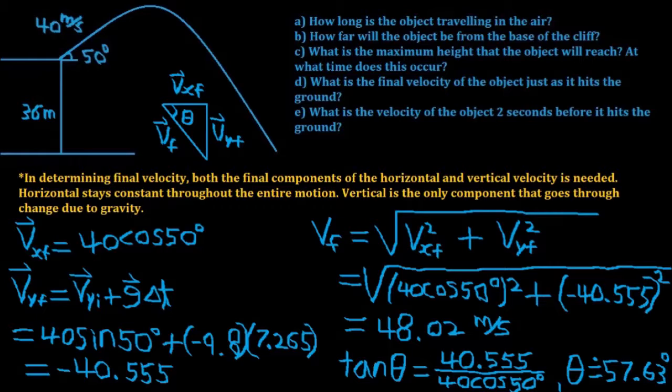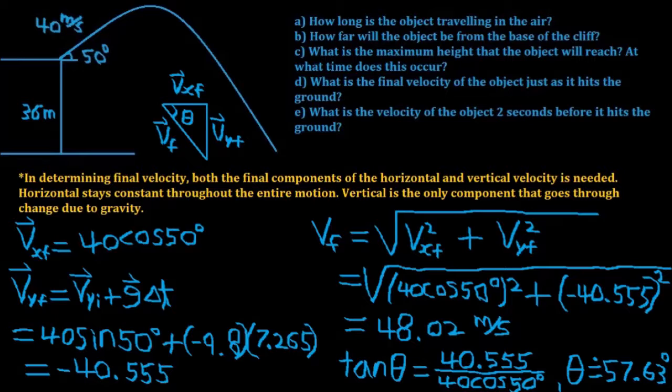We know what gravity is, we know the overall total time, and we know the initial vertical velocity. So it gives you negative 40.555 meters per second, indicating it's going downwards. We use this as one of the components. Plug everything in.